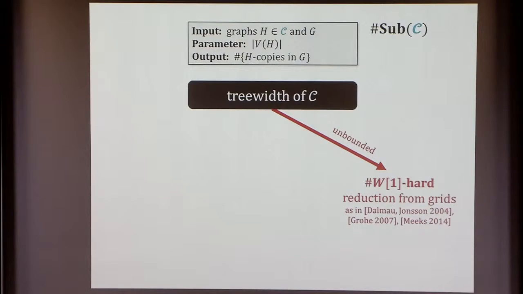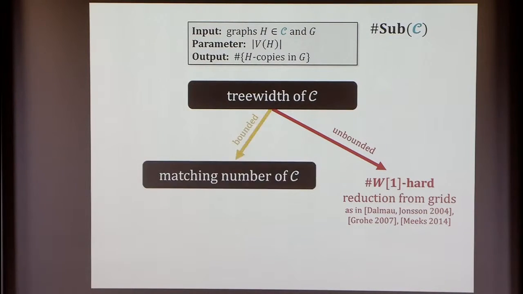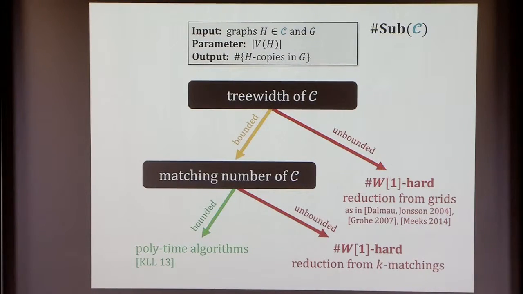I'll elaborate on that later. So that solves the problem if the tree width of C is unbounded. If the tree width is bounded, then the next thing we do is we look at the matching number. If this matching number is bounded by a constant, then we get these polynomial time algorithms that I mentioned before. If the number is unbounded, then we get a #W[1]-hardness result by reducing from counting k-matchings. So this is essentially the case distinction that we have to make to get the dichotomy.